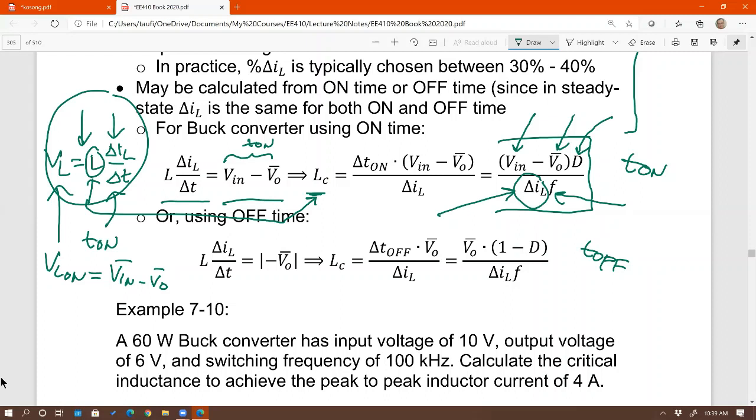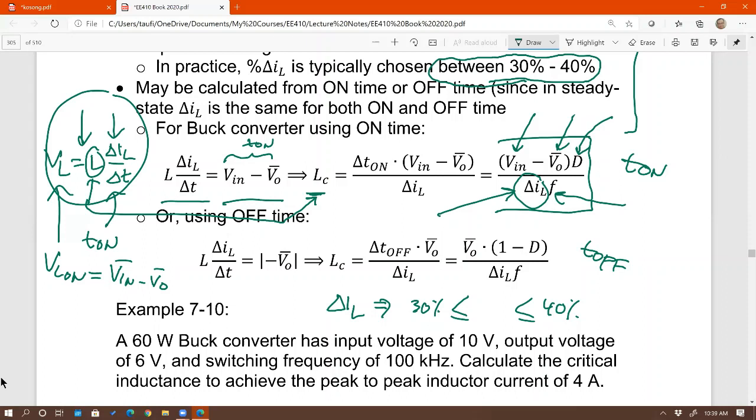So this is something that you have to choose. And in practice, this is what they told me: we choose between 30% and 40%. Of what? Of IL max. So delta IL is in between 30% to 40%.